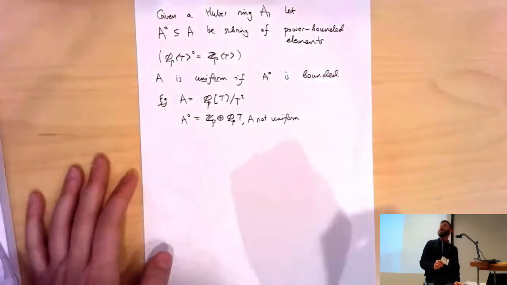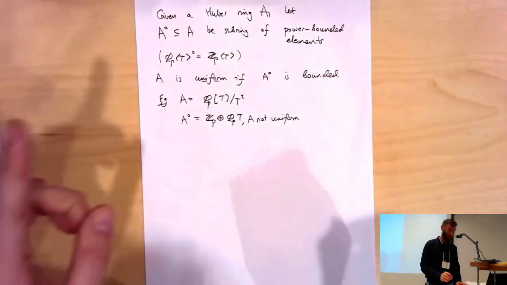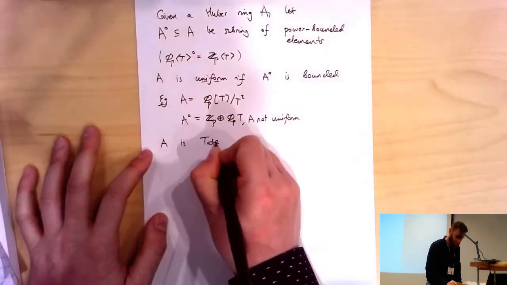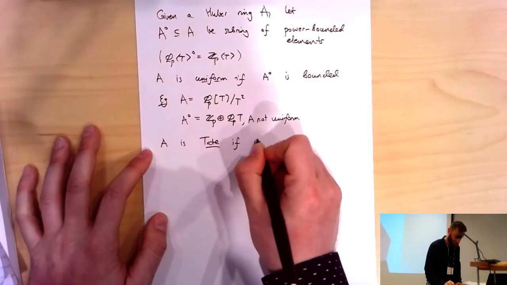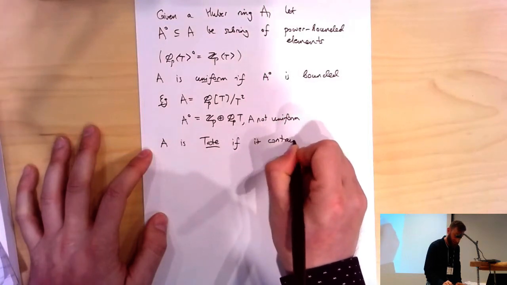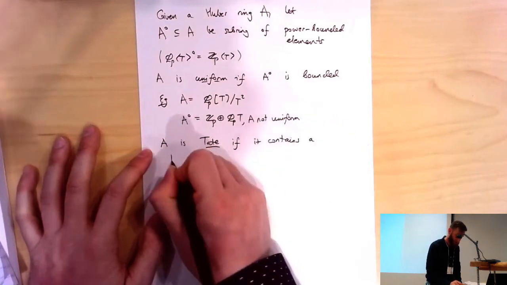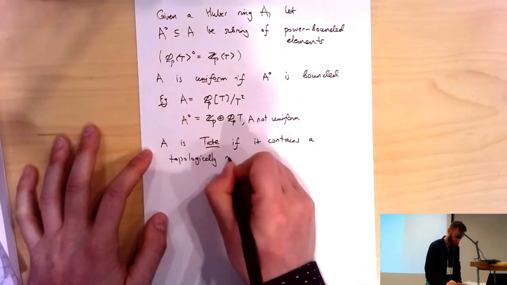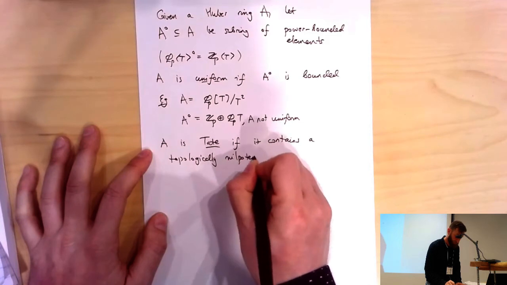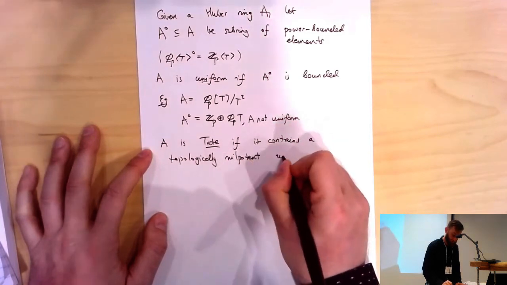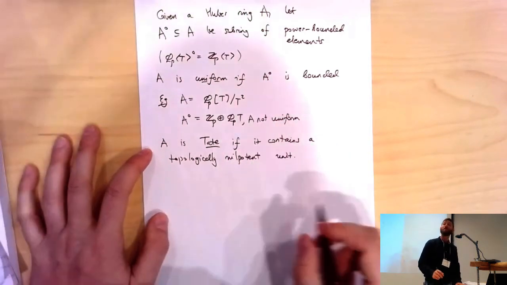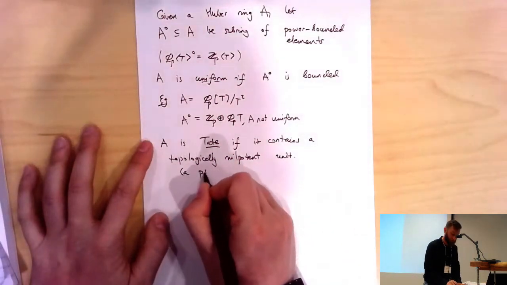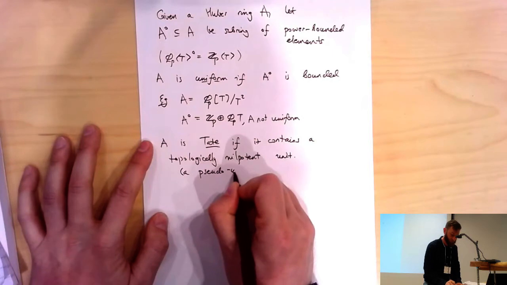Okay. All right, so that's uniform, and the other adjective we need is Tate. A is Tate if it contains a special element, which is a topologically nilpotent unit, and such a unit is called a pseudo-uniformizer.